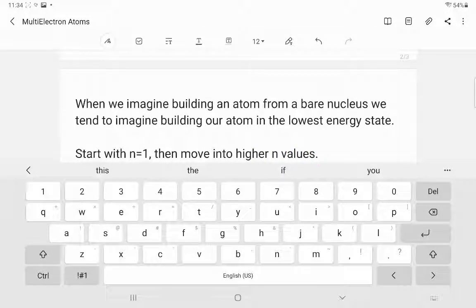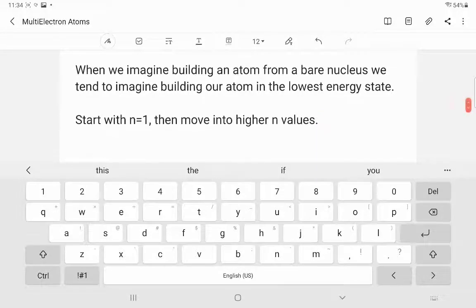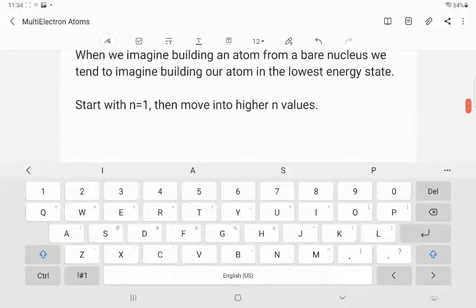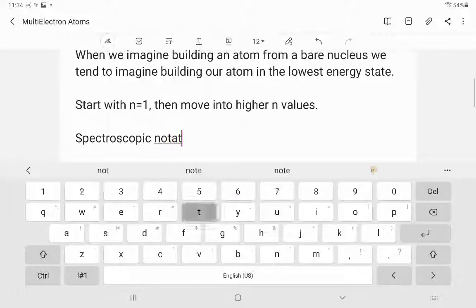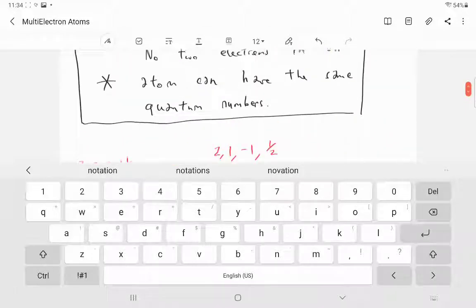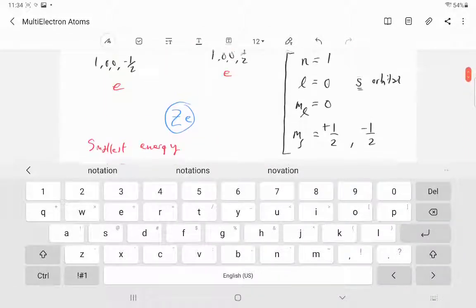And this right here is the heart of how people came up with a way to describe the ground state configurations of multi-electron atoms with what's referred to as spectroscopic notation, right? So as an example, check this out. Up here, I just did a 2-electron atom, right?